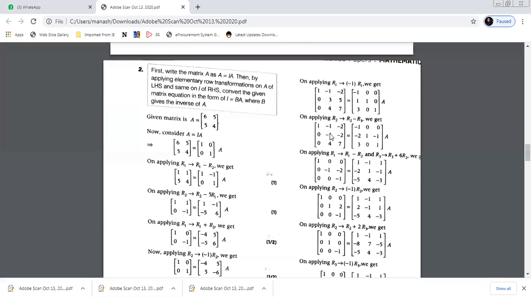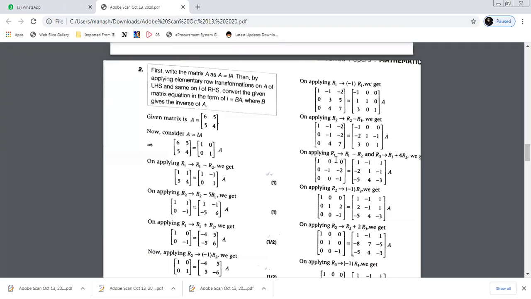Now see here, our aim is to make this matrix an identity matrix. So now we can make this one equal to 0 and this one equal to 0 by using row 2. We can make this one and this one equal to 0 by using row 2. At the same time, we can make this element also equal to 0 by using row 2.